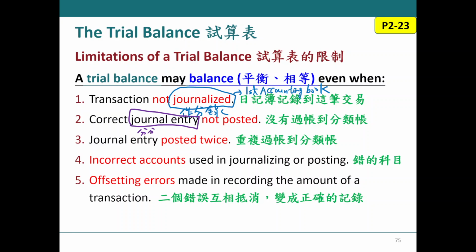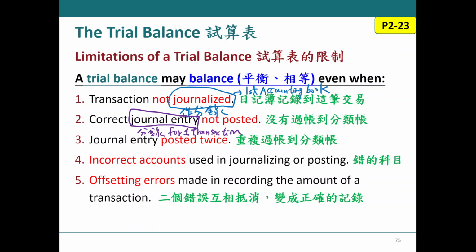So one journal entry for one transaction. Correct journal entry, so you are correct. You're right on your first step. When you look at your first accounting book, no problem.